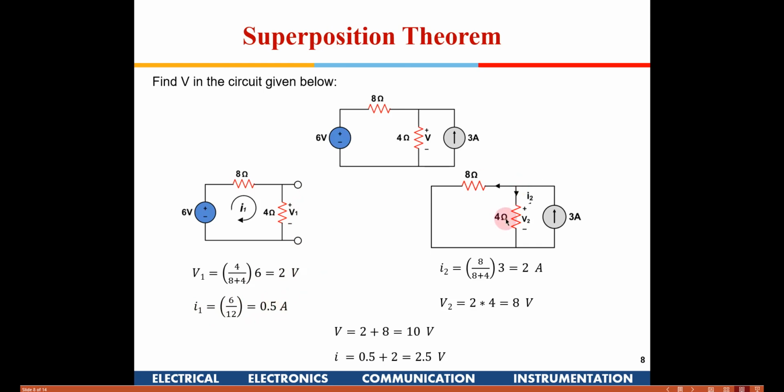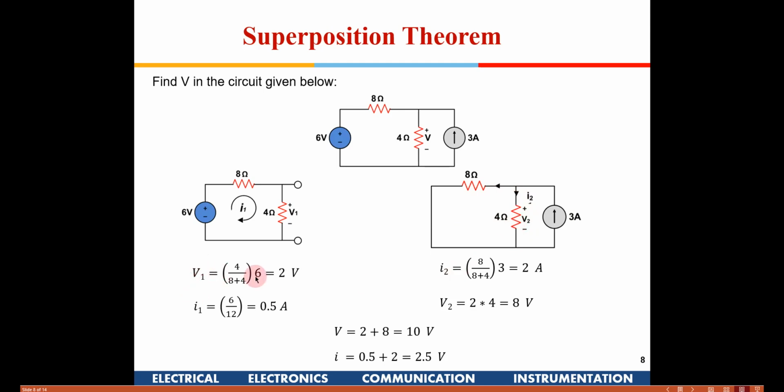Now in the second circuit, we need to remove this 6 volt source. For a current source, we left it open, and now we are removing a voltage source, so we have to short it. We are shorting it and retaining the current source. Now we need to find the current going into the 4 ohm and the voltage across it.